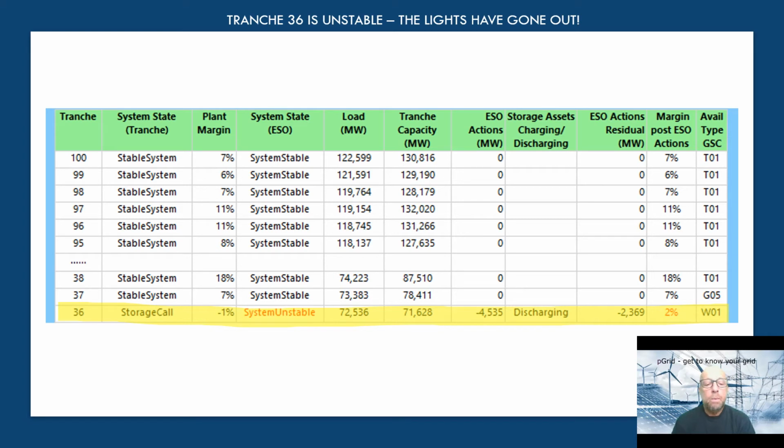And we haven't really got time to look at storage in detail on this presentation, but we can show you how we've analysed storage and how that residual amount is calculated. But that ends up with an energy systems operator margin of 2%, which we consider to be unstable. We consider 5% to be stable, and so the system is unstable, and we think the lights have probably gone out.